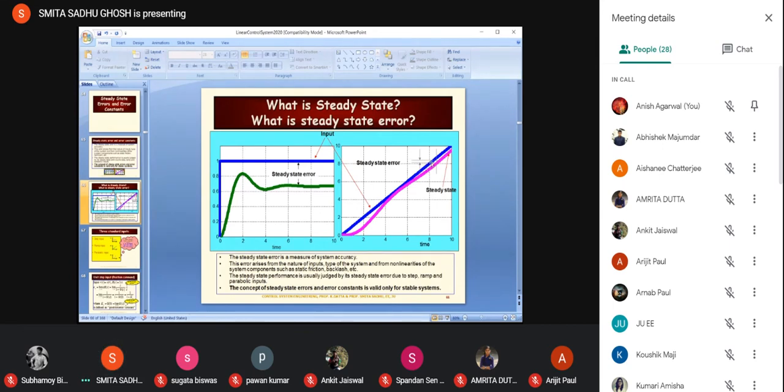And then after that, there is a constant gap between the input and the output. That gap is basically the steady state error. It is the difference of the output with the input, and in this case, for a constant steady state error, it is going to remain constant.